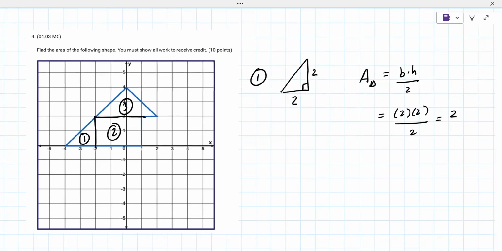You're building a table here of how you want to present your answers.